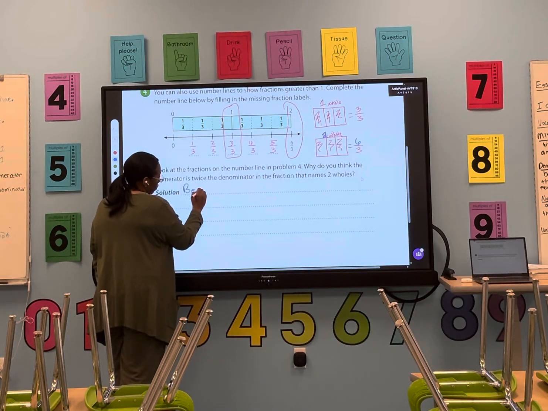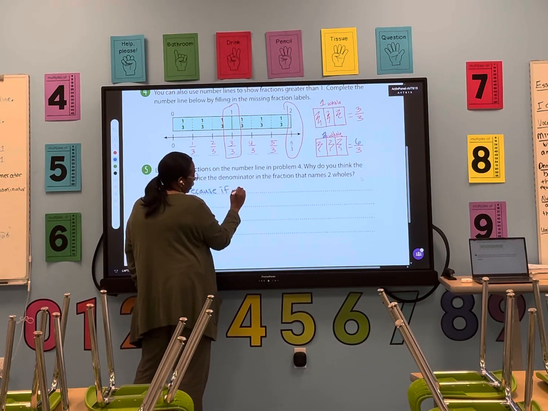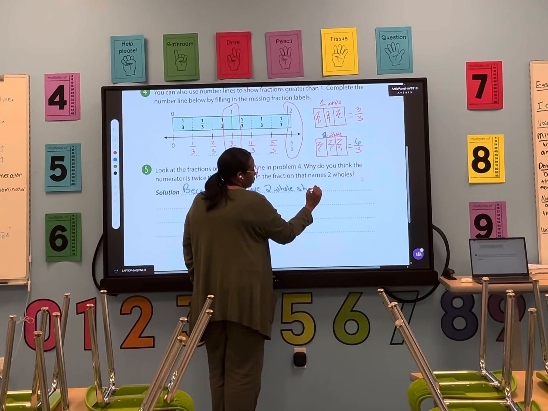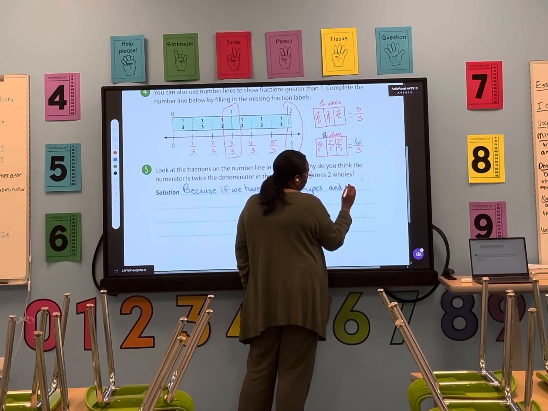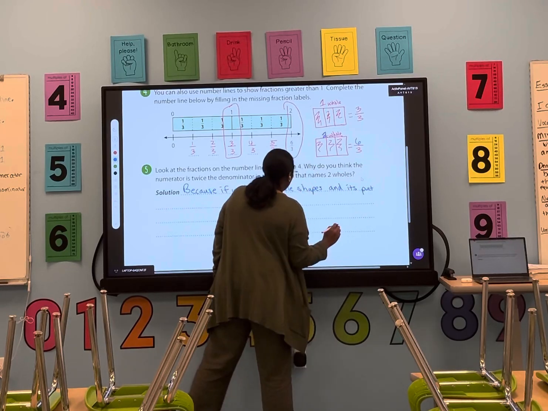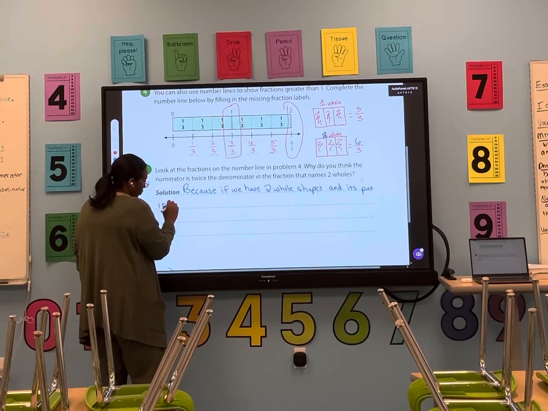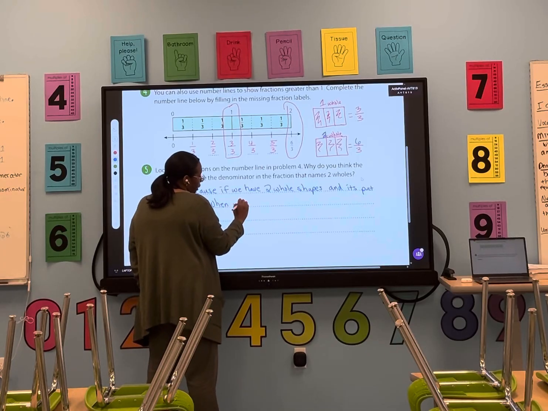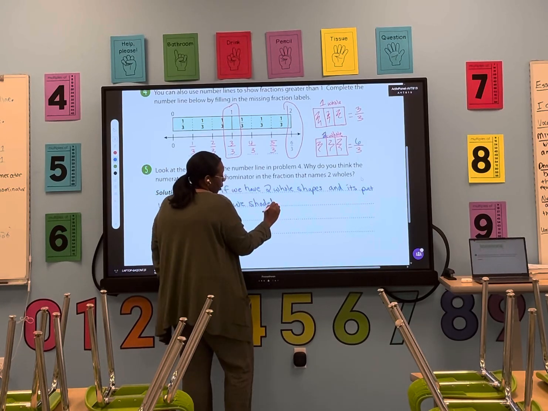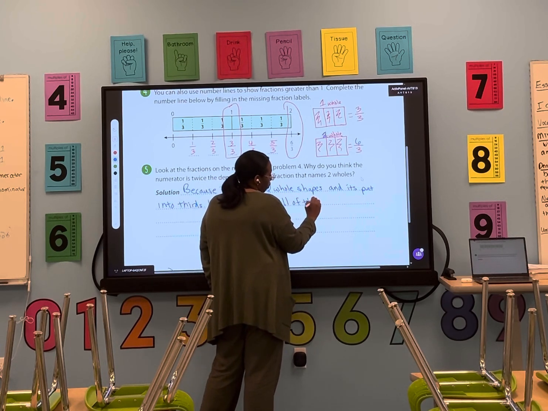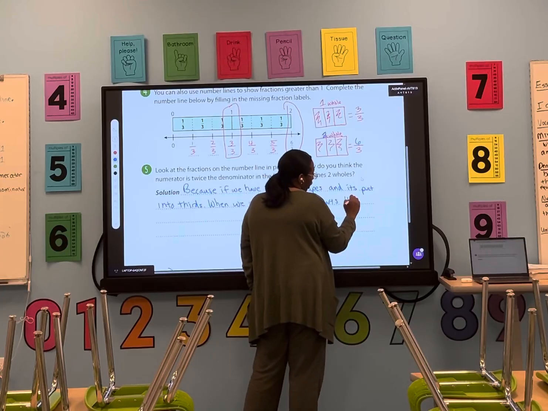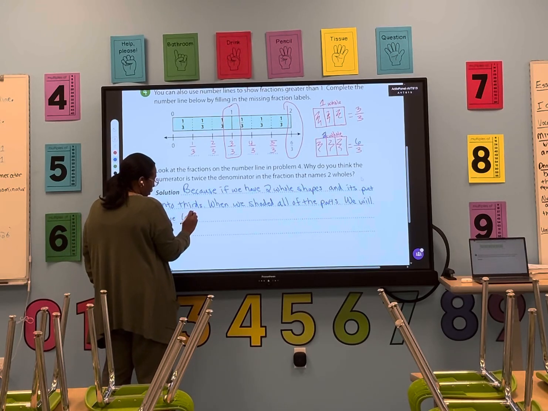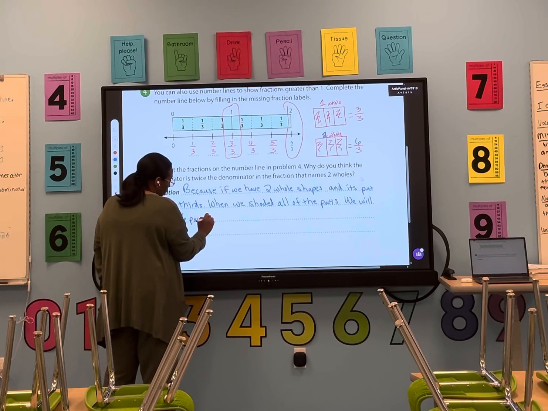Because if we have 2 whole shapes and it's put into thirds, when we shade in all of the parts, we will have 6 parts shaded in.